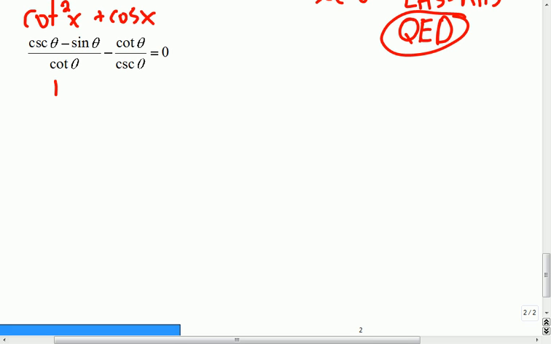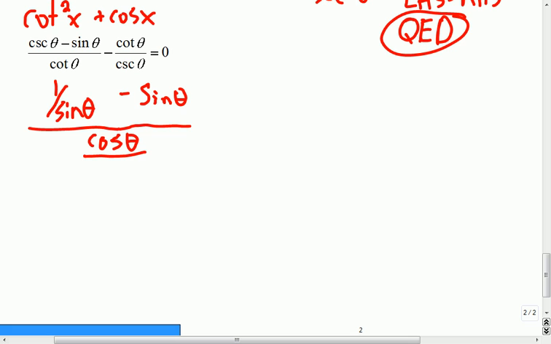Okay, so there are many ways to do this proof, but one way that you could go about this is to notice how many signs are in the denominator. There are a lot of sine thetas in the denominators. Cosine theta over sine theta.